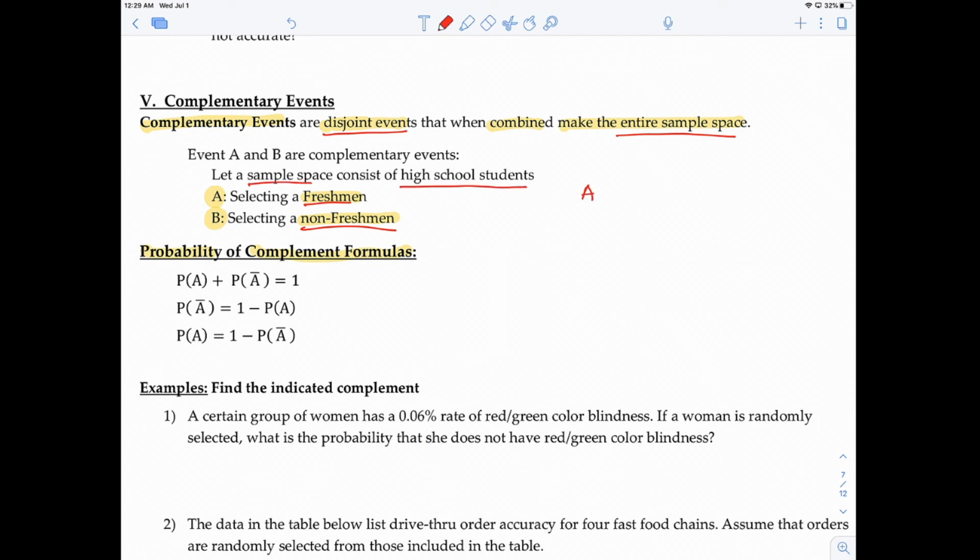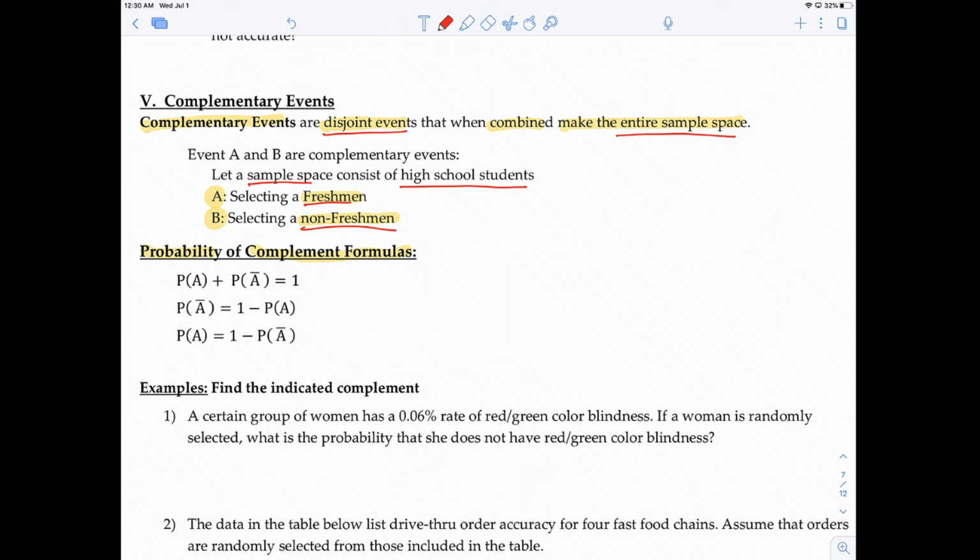Selecting a male student and selecting a female student are also complementary, because when you combine the male students with the female students, you get the entire class. It can be just a room full of people. If you take all the males and the females, you get the entire room.